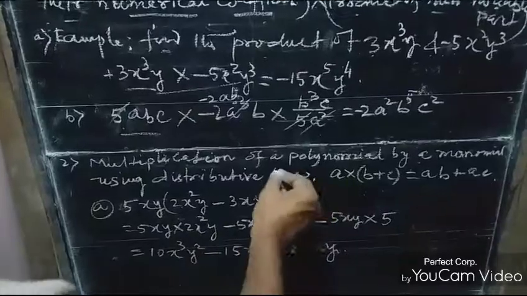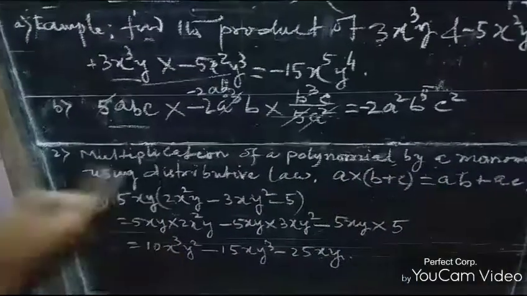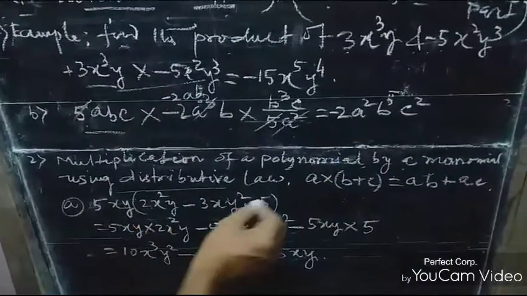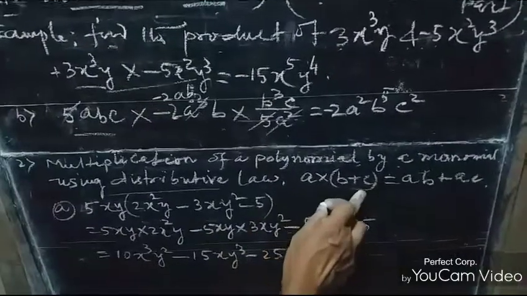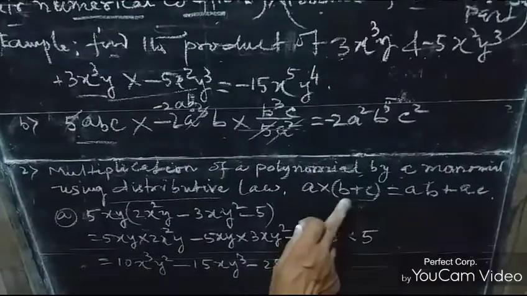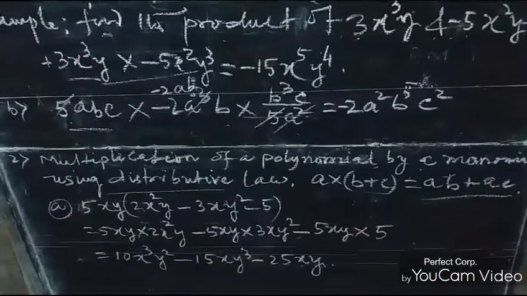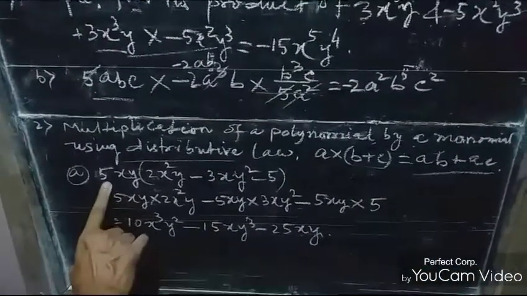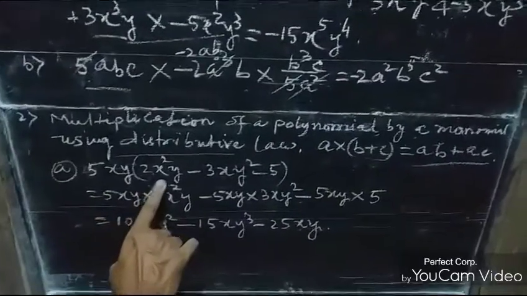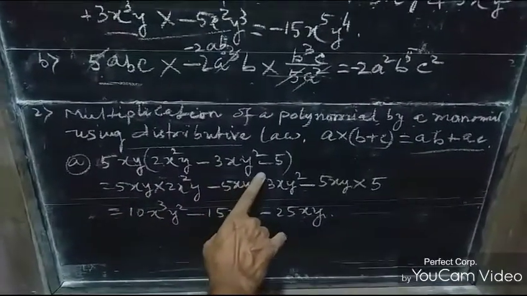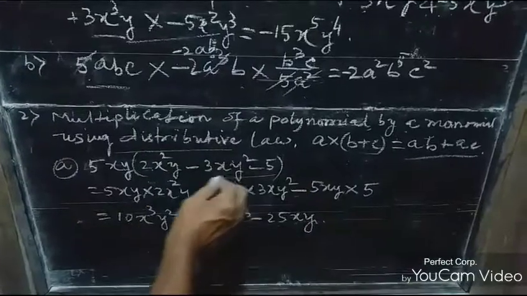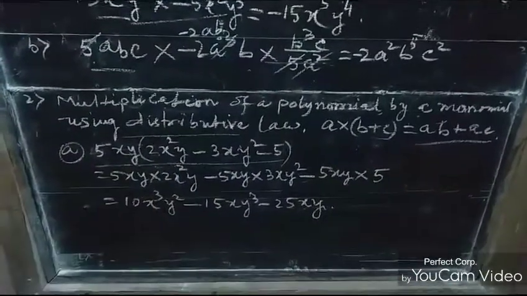Next is multiplication of a polynomial by a monomial using the distributive law. You know that a into b plus c is a into b plus a into c. Using this distributive law we can multiply. Suppose 5xy into 2x square y minus 3x y square minus 5 is given. This is one polynomial multiplied by one monomial.